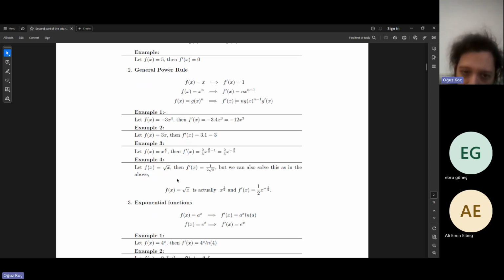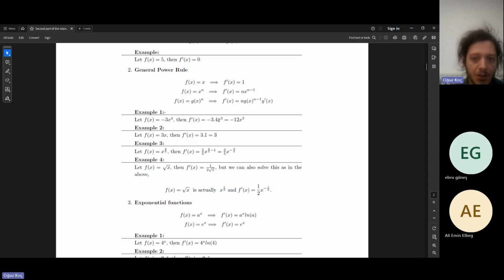We have, for example, for the above rules, when f of x is equal to minus 3 times the 4th power of x, if we take the derivative of f of x, from this term we get 4 times the 3rd power of x.